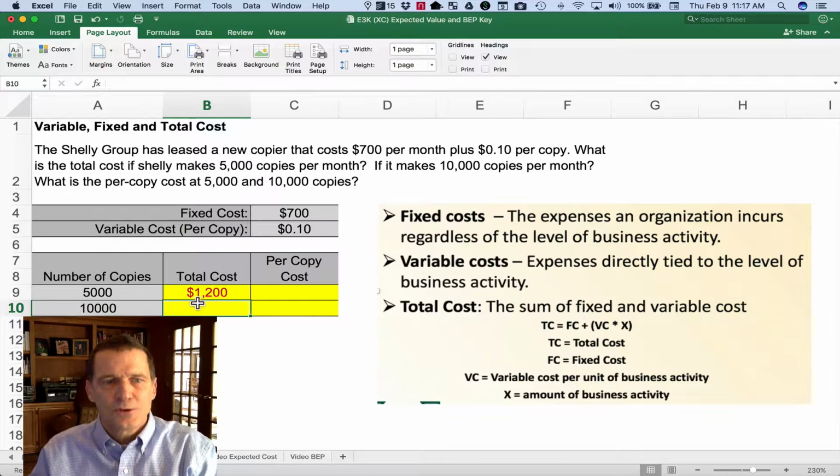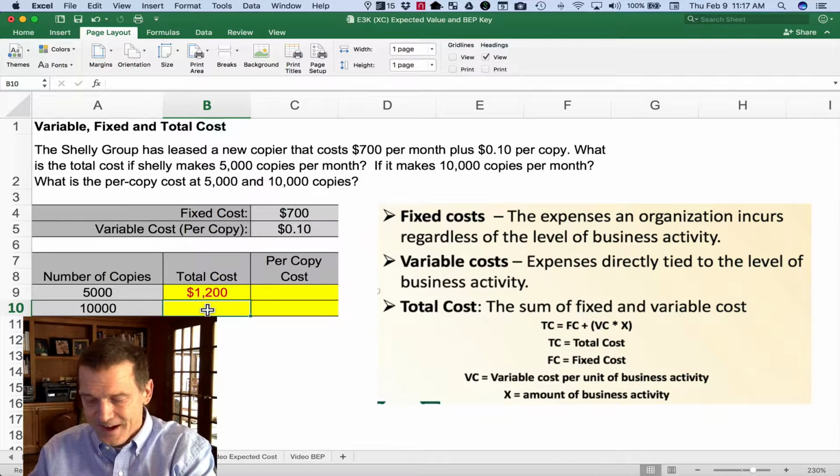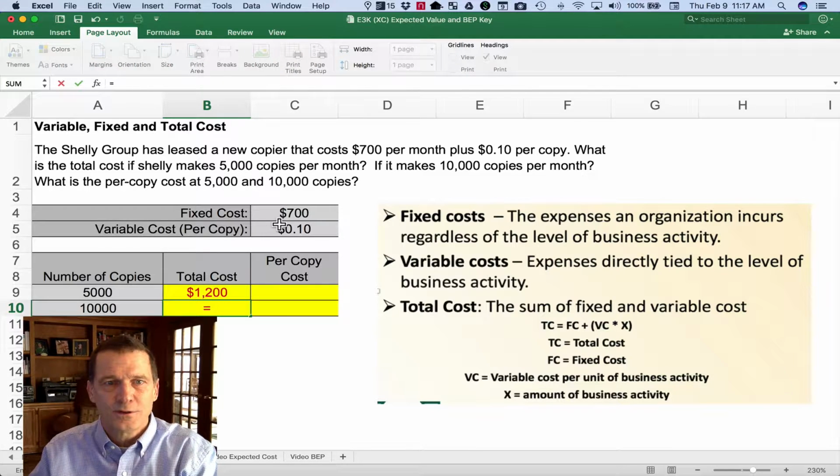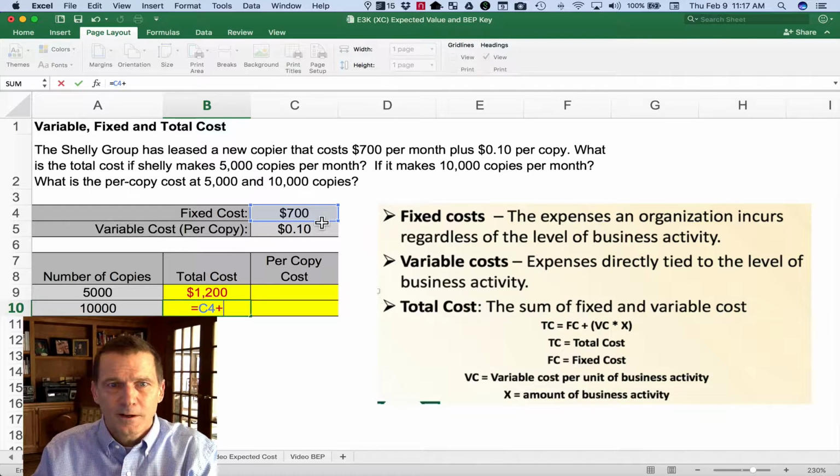All right. So let's do the next one. So for 10,000 copies per month equals our fixed cost, which is not volume dependent, plus our variable cost times our different volume. This one, right? The 10,000.